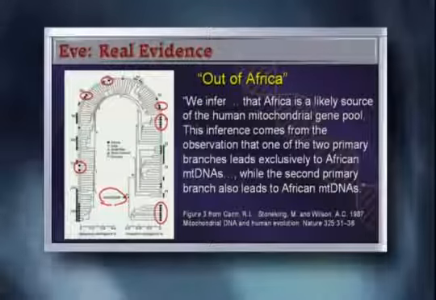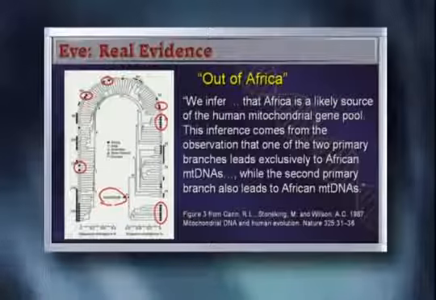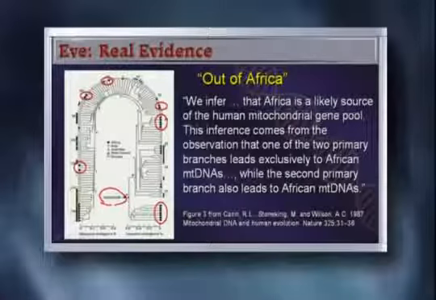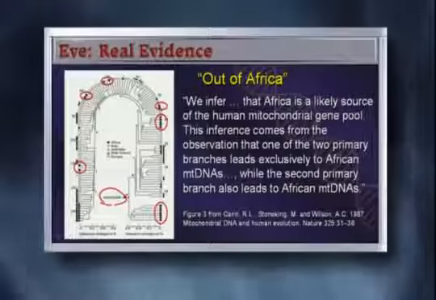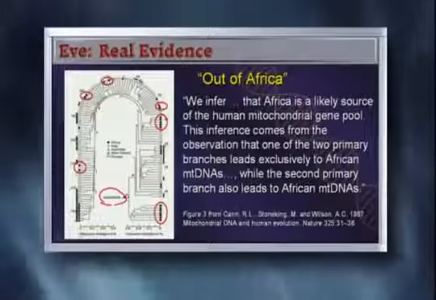To the right or to the bottom is one branch that leads only to Africa, and to the top, other African sequences. They assumed that over time, all these mutations accumulated in Africa. And then one branch arose, and that one branch escaped Africa and spread out across the rest of the world. Okay. That's where that comes from.